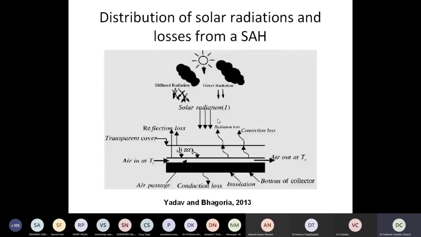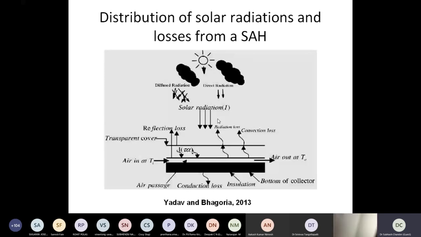I'm just borrowing this from Bulgaria, in 2013. This is a very generic depiction of what is happening in solar heaters. Radiations are falling: there is direct beam radiation and some diffuse radiation combined, which we call solar radiation, falling on the glass surface.